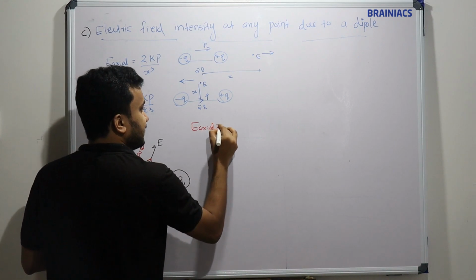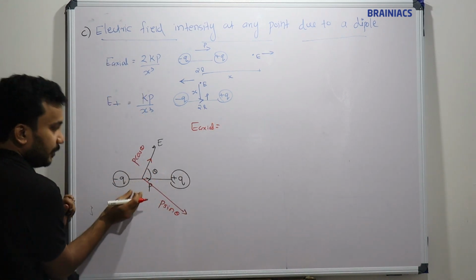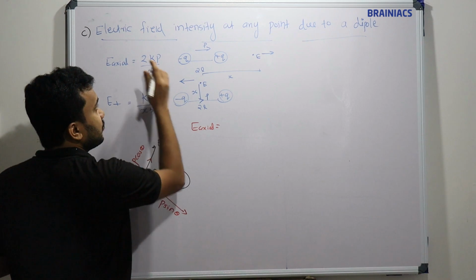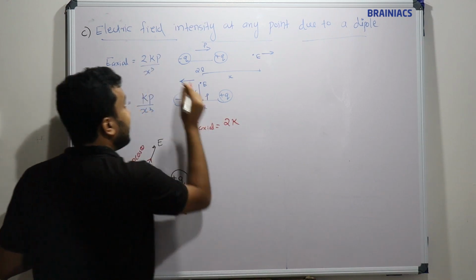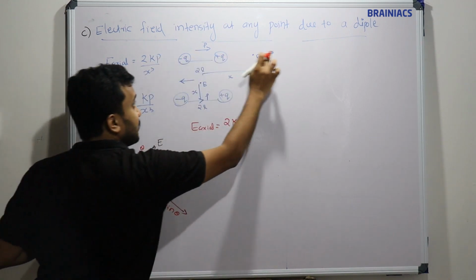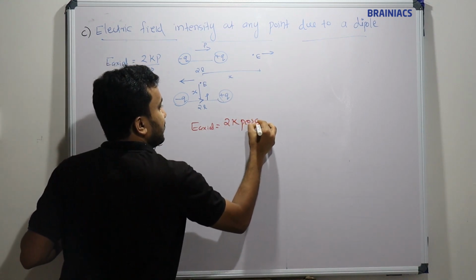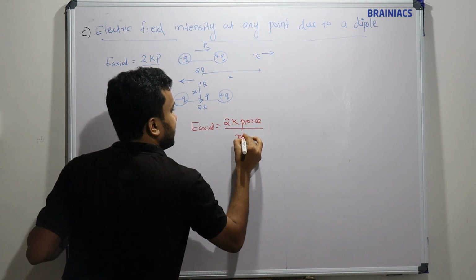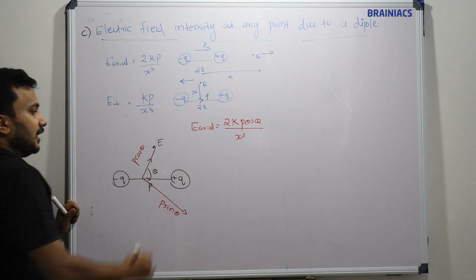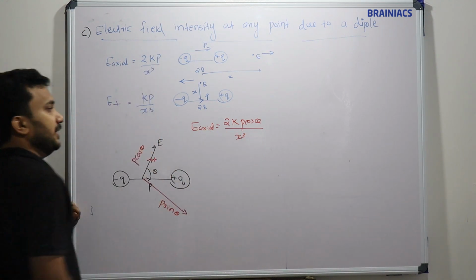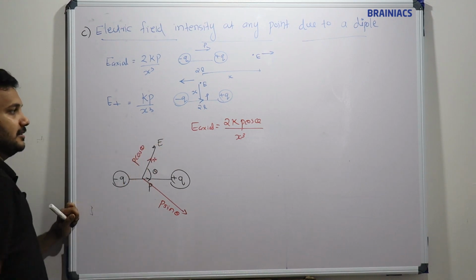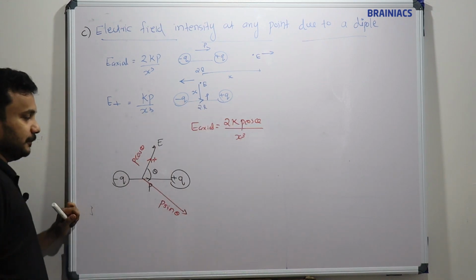This P cos theta is passing through that line. So the same formula 2k, but instead of P we have P cos theta, divided by x cube. I'm assuming this distance is x meters away.